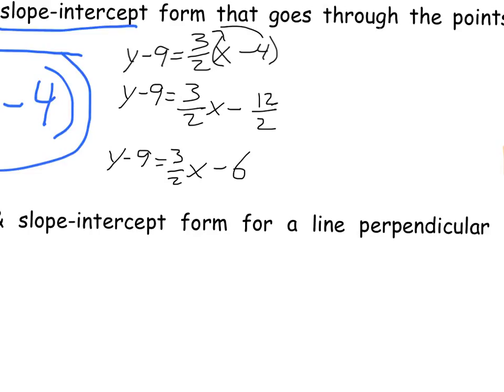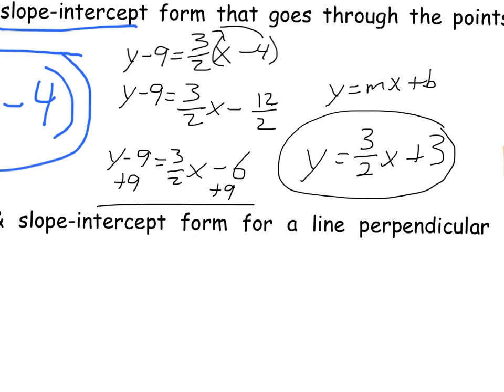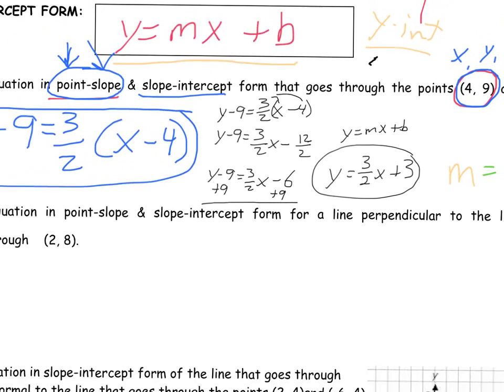Well, we need to get the y by itself, so what we're going to do here is add 9 to both sides. And we end up with y equals 3/2 x plus 3. Now notice this is now in y equals mx plus b format. So this is slope-intercept.